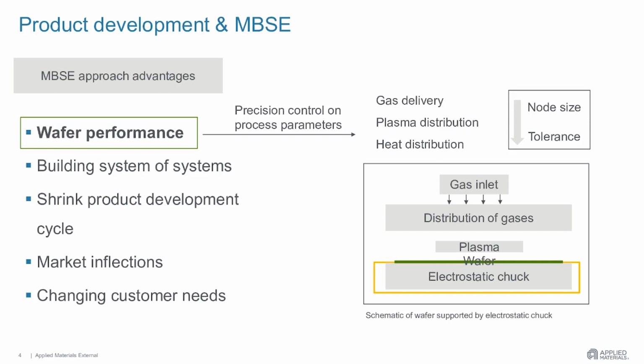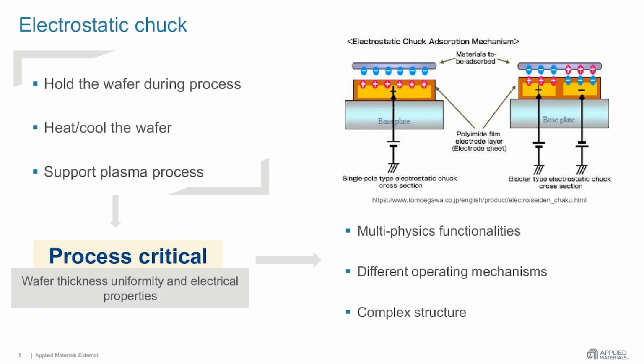Here, we chose an electrostatic chuck. The purpose of the chuck is to hold the wafer in its place and support its transfer in and out of the process chamber. Now, we started using MBSE models to design the chuck for a new application.